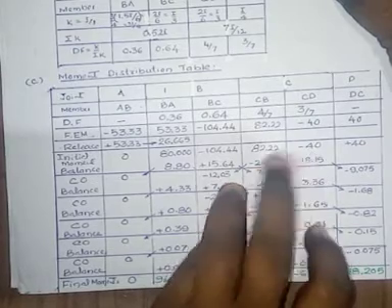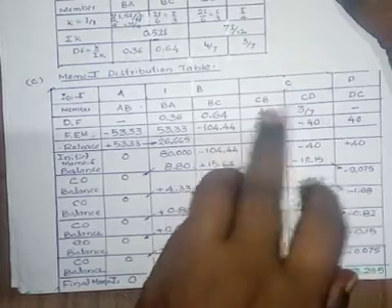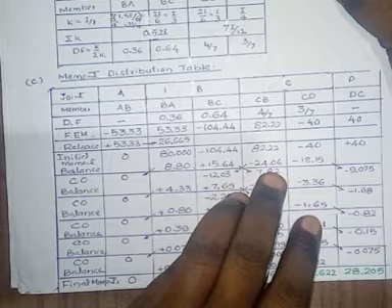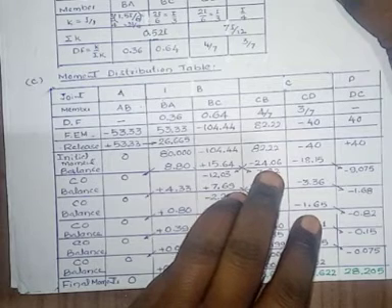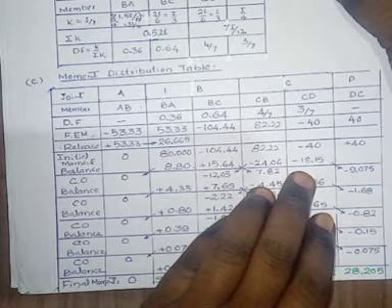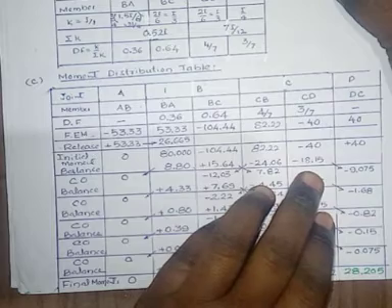We have to distribute among the two members, that is CB and CD. Minus 42.22 into 4 by 7, that is minus 24.06. Minus 42.22 into 3 by 7, that is minus 18.15.